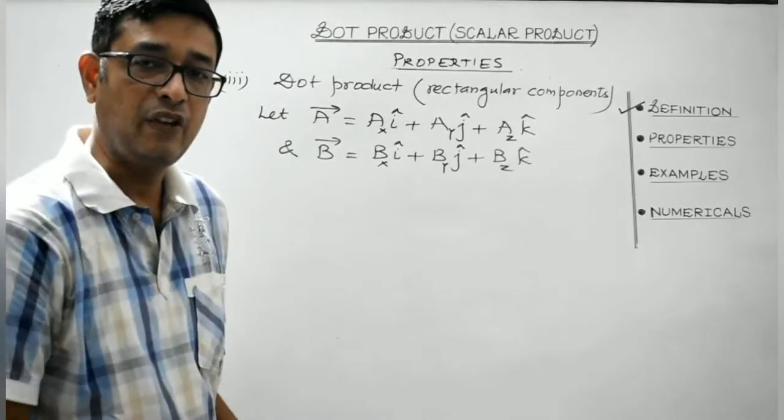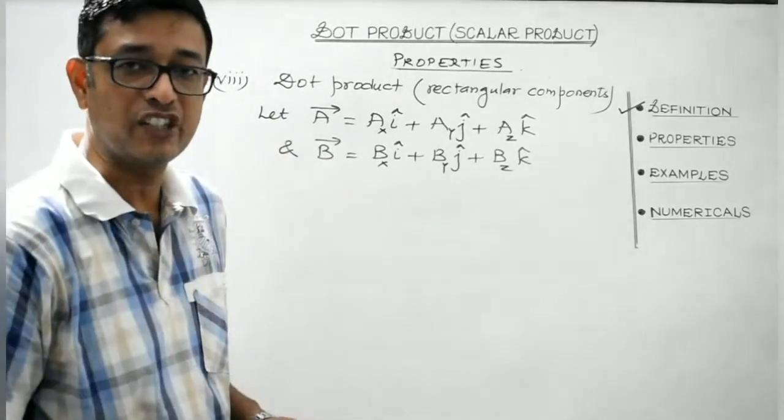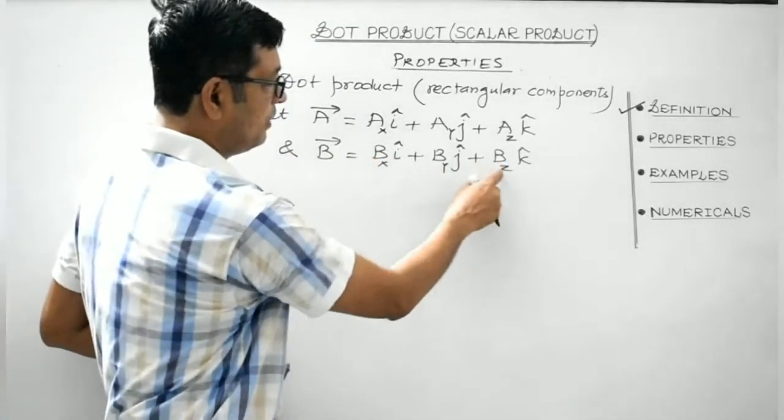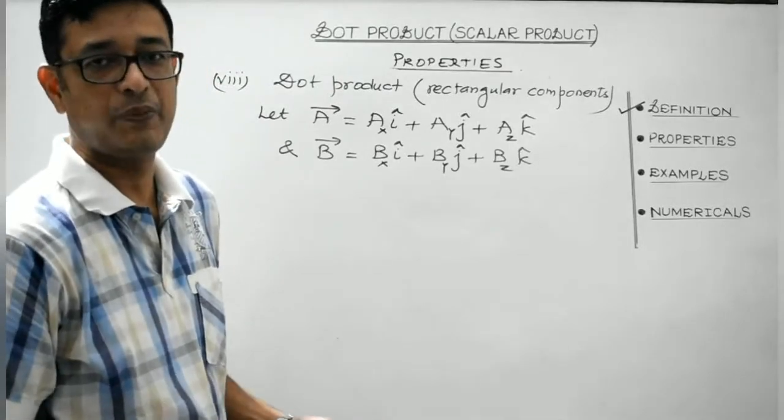Here ax, ay, az are the components of A vector along x, y and z direction respectively, while bx, by, bz are the components of B vector along x, y and z direction respectively.